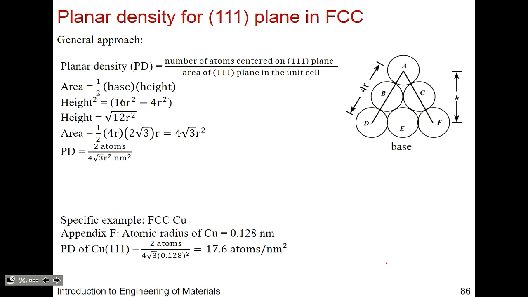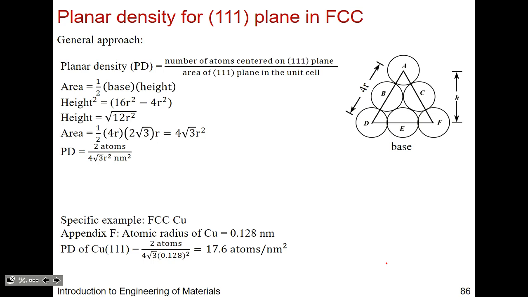Your FCC iron will have the planes cut in. There are some files within the box directory that say 111 plane. Open that up, and you should see a rendering like this, so that you can see how the atoms cut through. I would switch it over, except the switching takes a little bit of time, so I want to conserve time for today. But anyway, it's there. Visualize it. Play with Vesta.